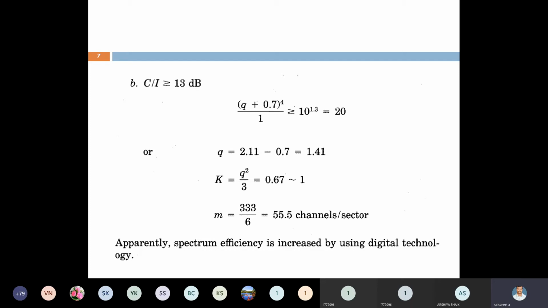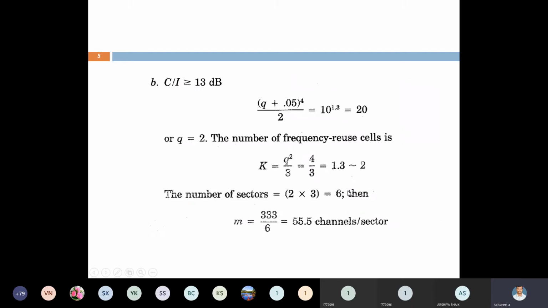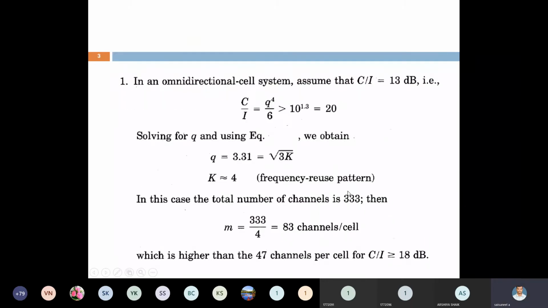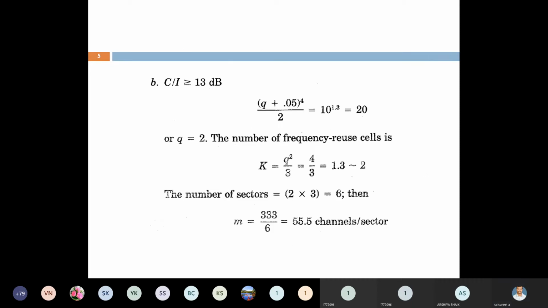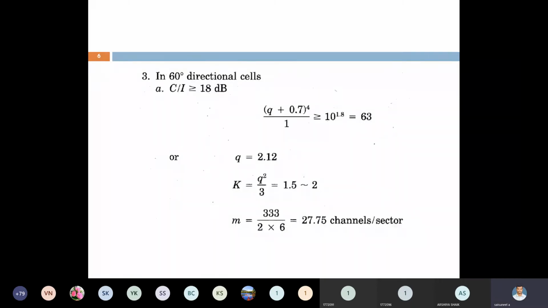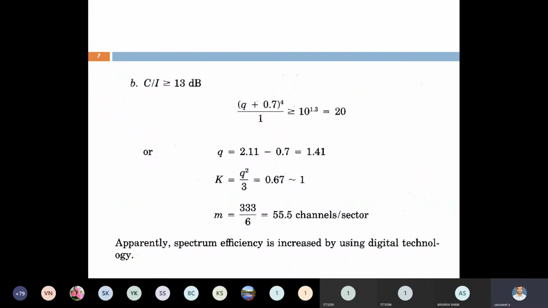See this example. First, taking the omnidirectional antenna system, 83 channels per cell or 47 channels per cell. For 120-degree sectoring, 37 channels per sector. For 60-degree sectoring, we are getting 27.75 channels per sector, and 55.5 channels per sector.